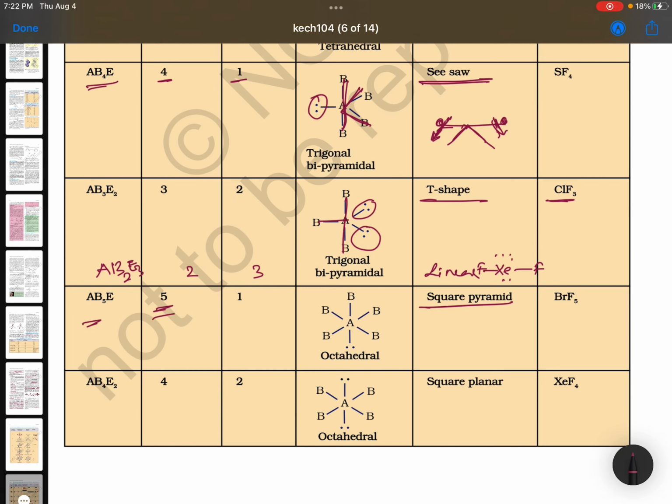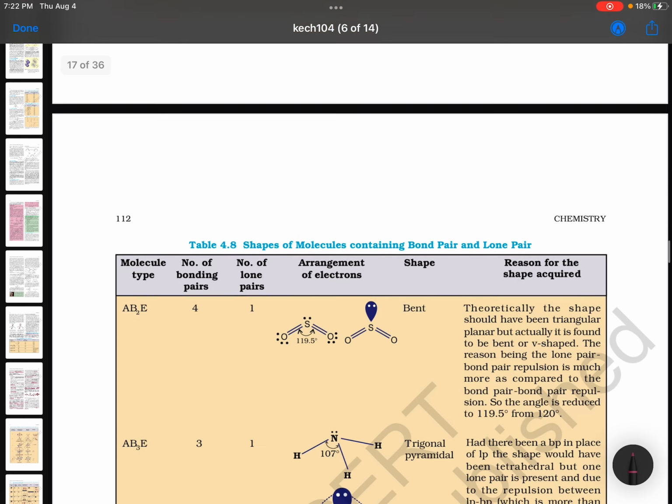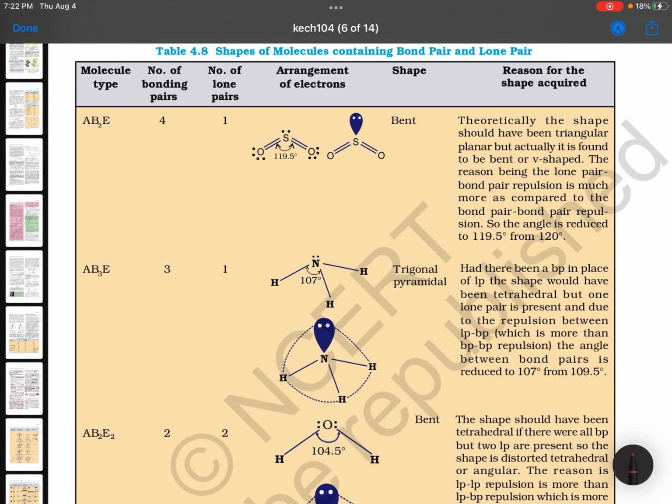AB5E, 5 bond pairs, 1 lone pair, this is the geometry, 1 square, 1 pyramid, square pyramid. AB4E2 is only square planar. Examples, these examples we have read so many times. And here the reasons are given.